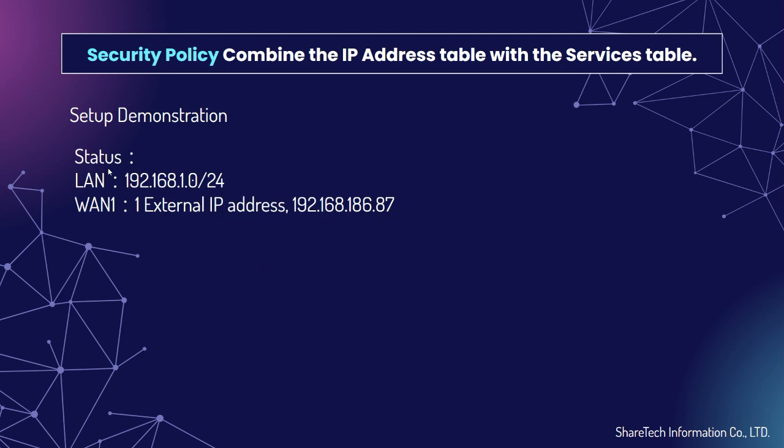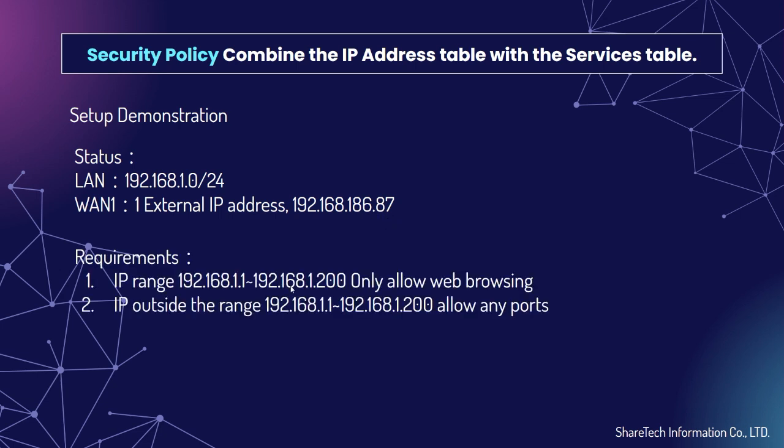So I have the status. I have one network named 1.0/24, and one is 186.87. And I have two requirements. The first one is IP range 1.1 to 1.200, only allow web browsing.